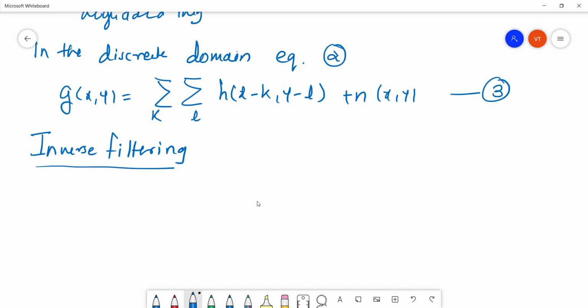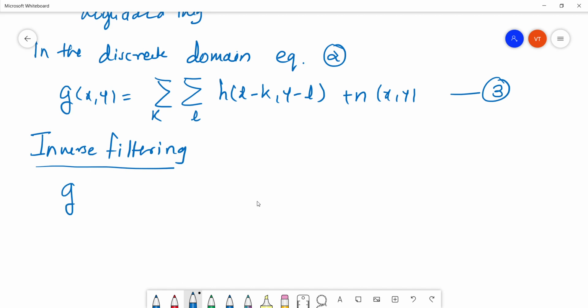Why am I saying blurring? Blurring may be a degradation function. Your image is blurred and you want to remove that blurring. A way to get rid of this blurring is by applying inverse filtering or deconvolution. We know that the input image f of x y gets convolved by a blurring function h of x y and changes to g of x y. Hence, to retrieve f of x y from g of x y, we take the inverse of h of x comma y.